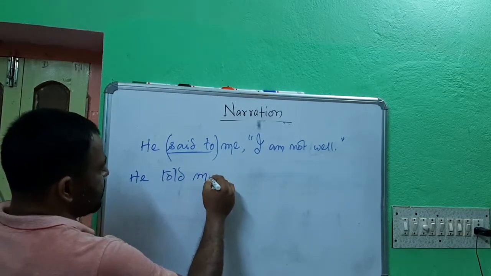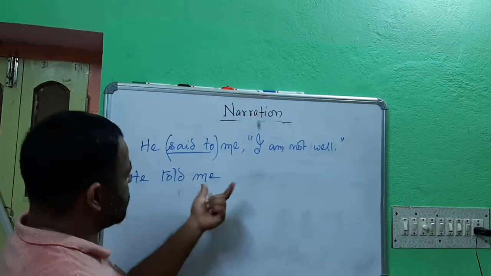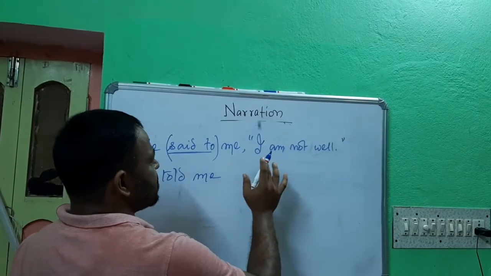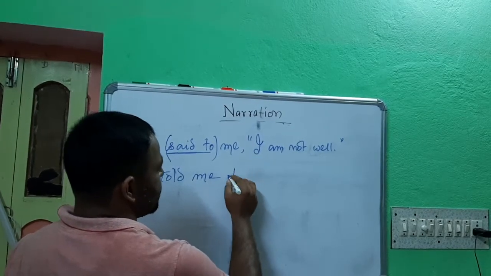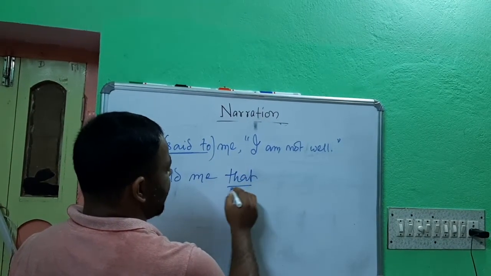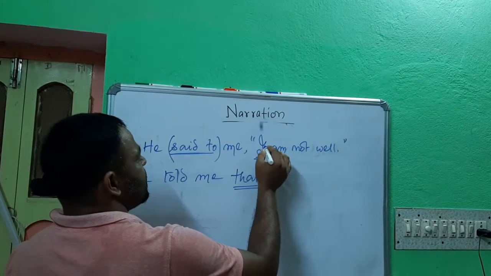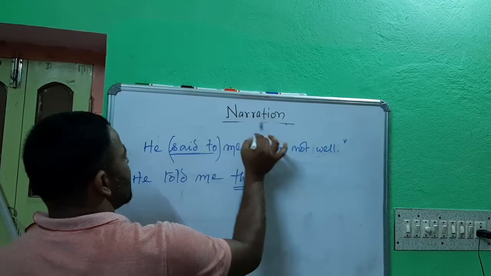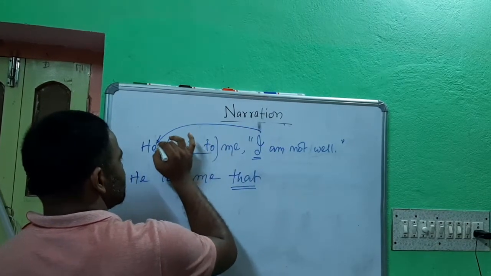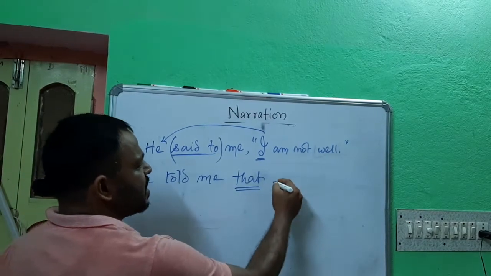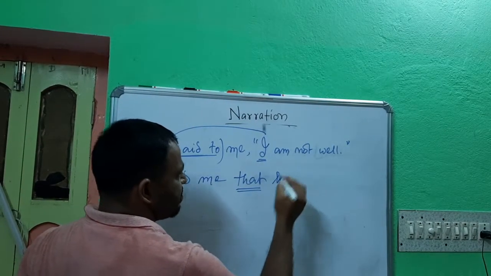The object must be placed after told, while the quotation marks would be removed and replaced with the linking word that. Here I indicates the speaker, so it will be converted to he in indirect narration.